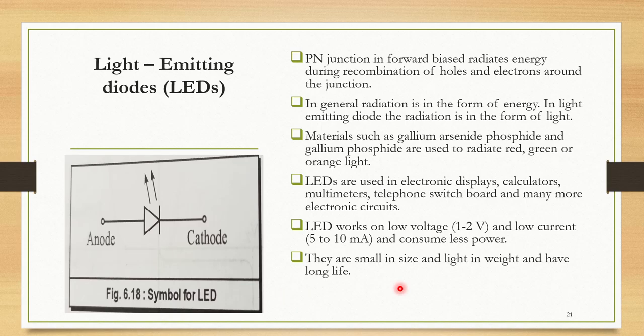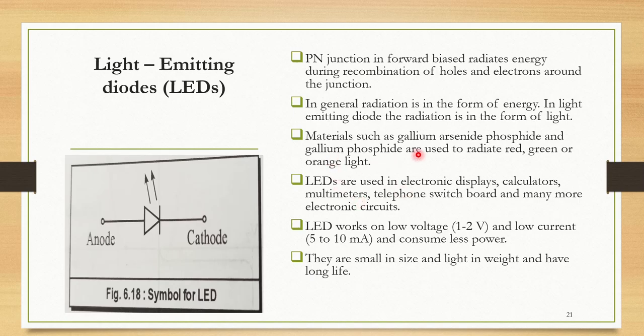Okay, this is the application of PN junction in forward biasing. PN junction in forward bias radiates energy during recombination of holes and electrons around the junction. In general, radiation is in the form of energy. In a light emitting diode, the radiation is in the form of light.